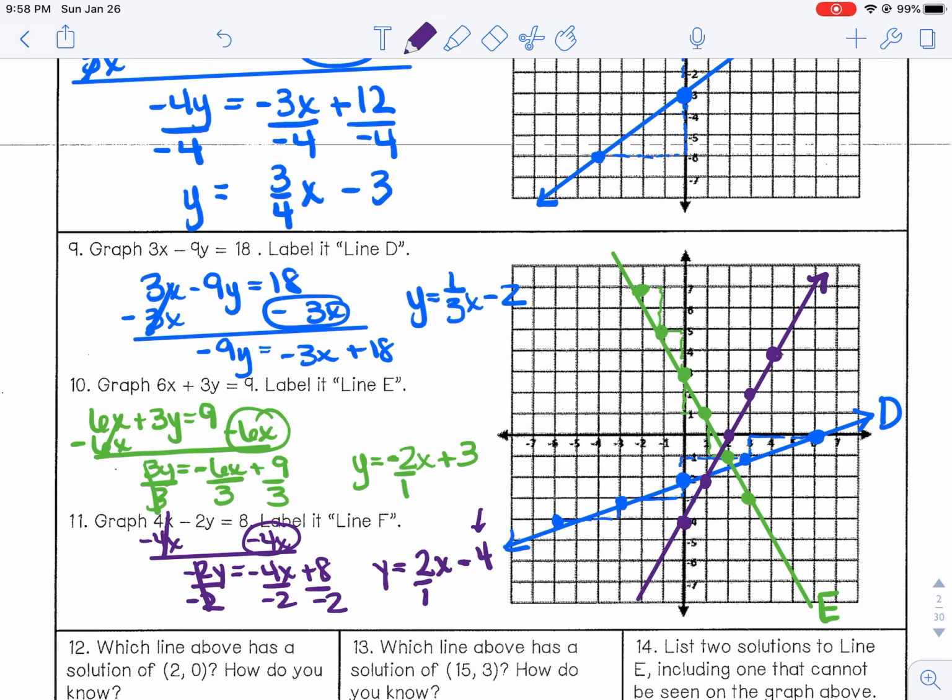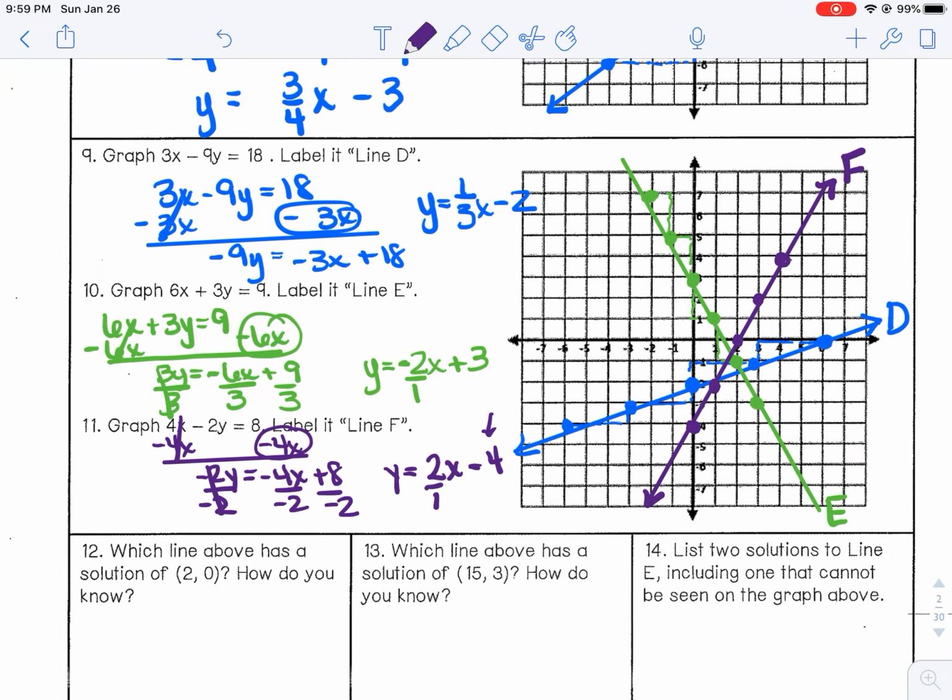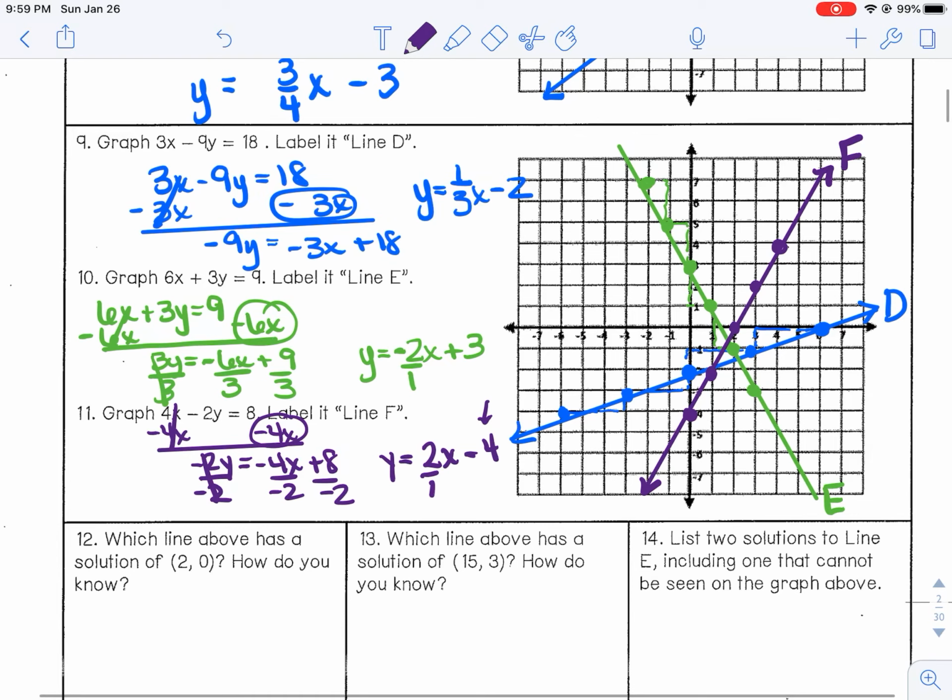So what made this page harder was that I had to convert everything to slope-intercept form. Okay, number 12 says, which line above has a solution of 2, 0? Well, 2, 0 is right here.